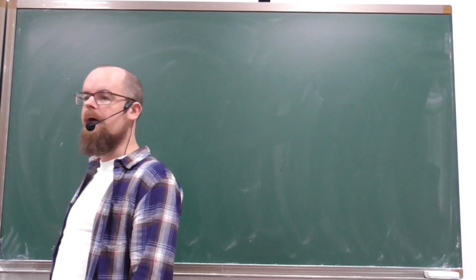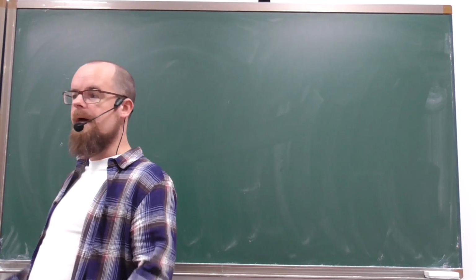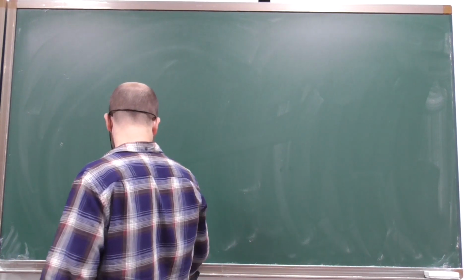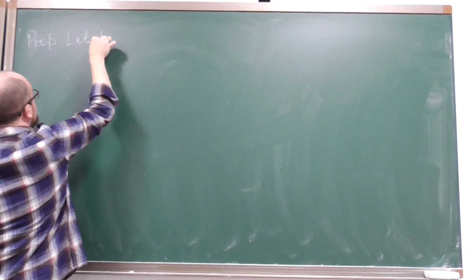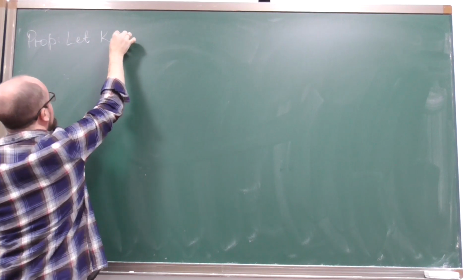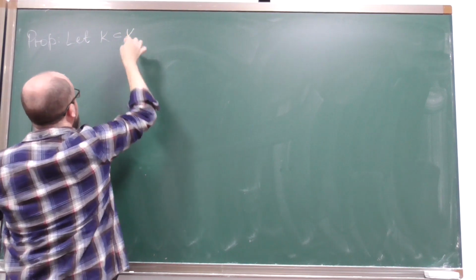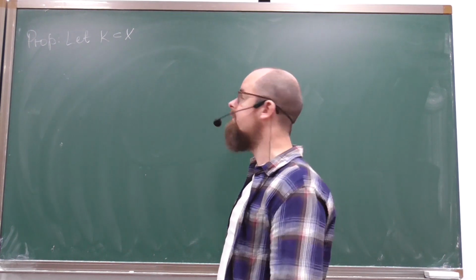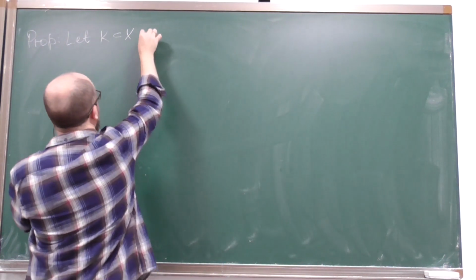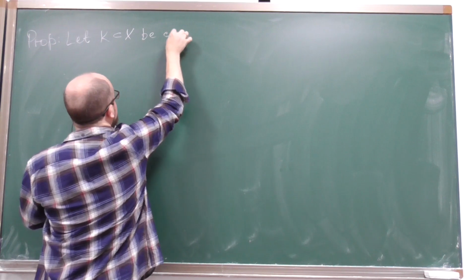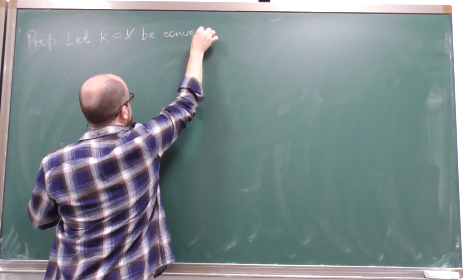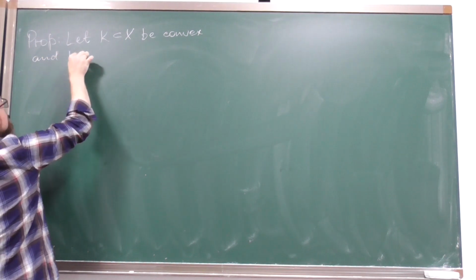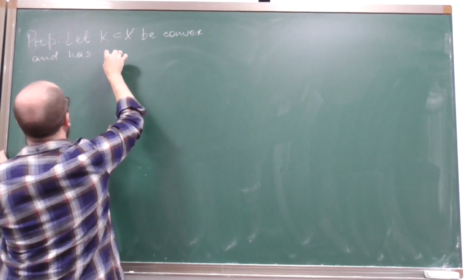Let us state a proposition about the values of the functional p sub K. So let K from our linear space X be convex and have at least one interior point.